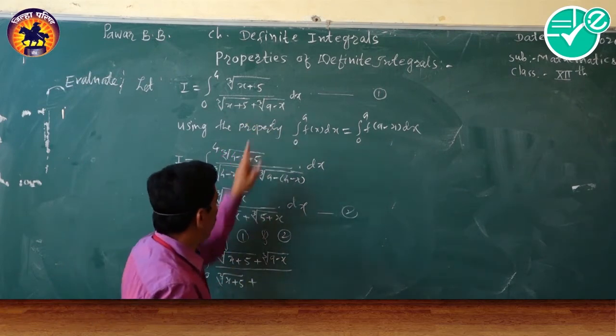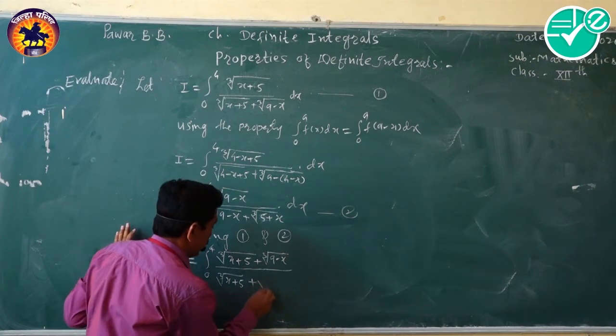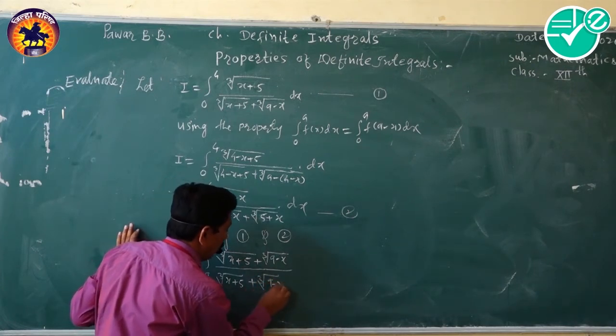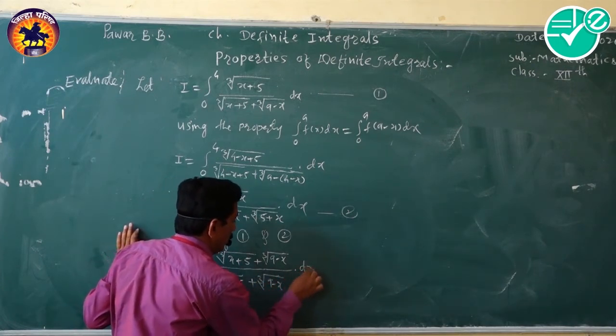Both the denominators are the same, that is the cube root of 9 minus x into dx.